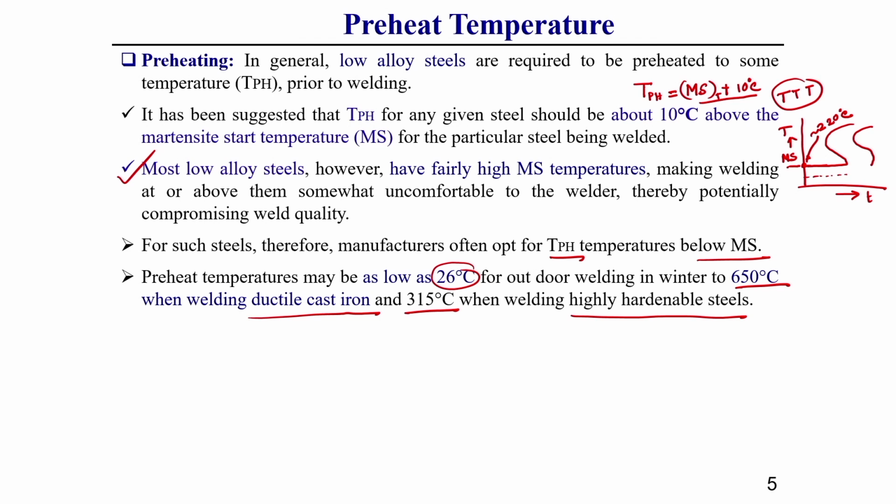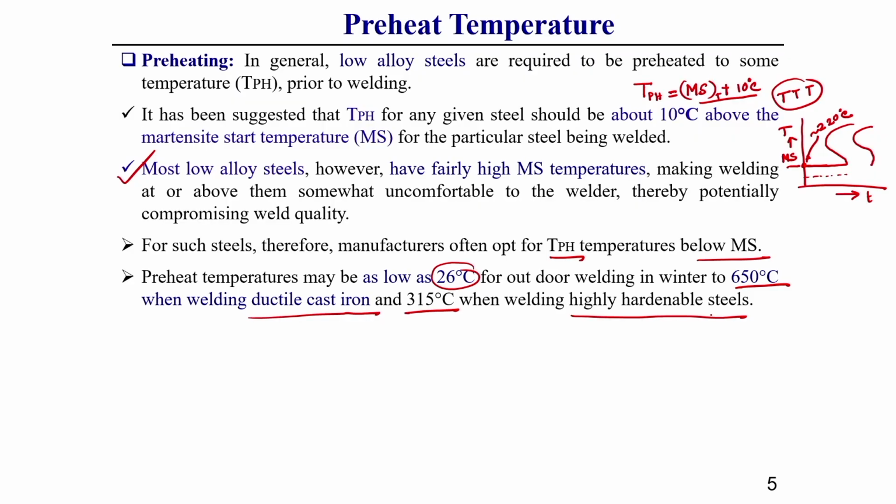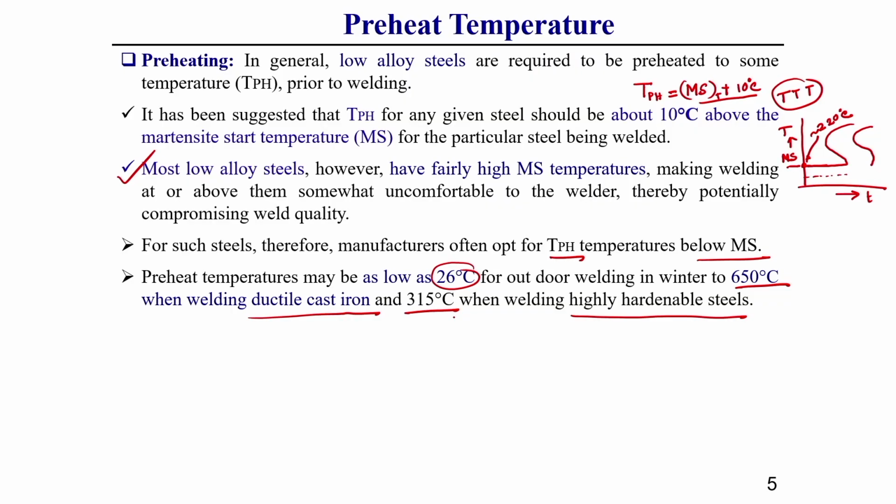For different types of material, there can be different levels of preheating temperature. Like for highly hardenable steel, generally high carbon nickel based steel, which has a very high martensitic starting temperature, and which also has a high carbon percentage, to improve weld quality the preheating temperature range is on the higher side, around 315 degree centigrade.